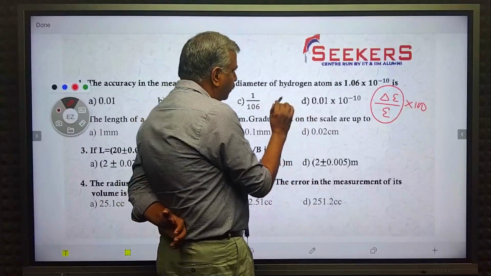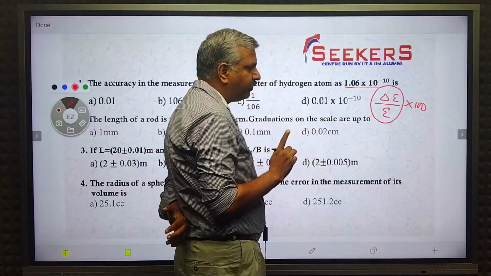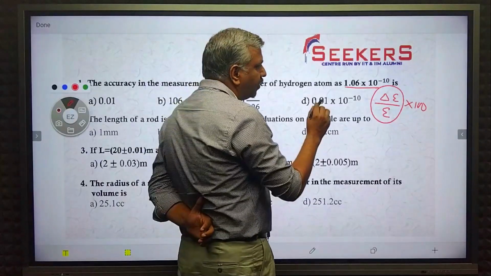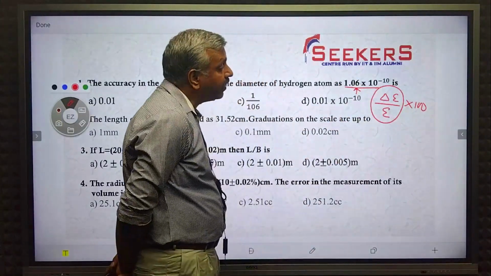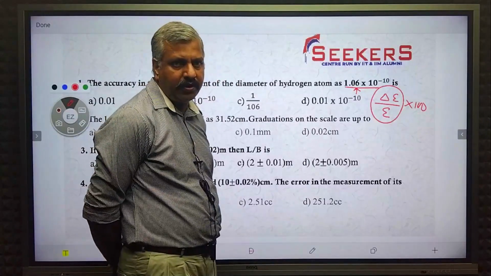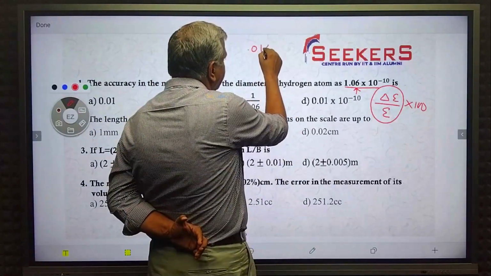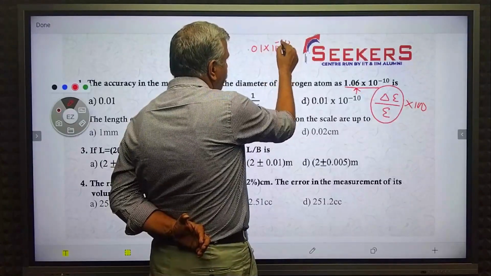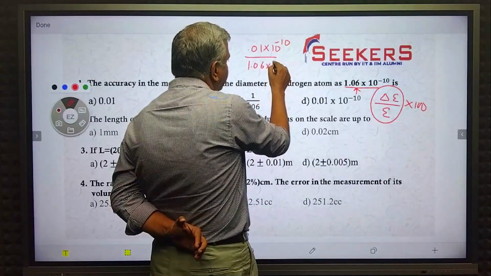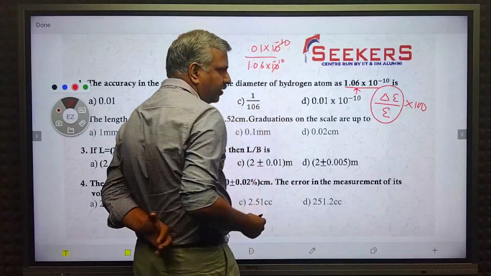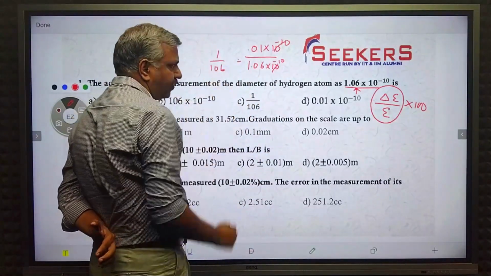Now here you are given 1.06 into 10 power minus 10. So remember, whenever any measurement is given, the least error will be the error which is there as per this in the second decimal point. So the error in this would be 0.01 into 10 power minus 10. Now when you divide it by 1.06 into 10 power minus 10, these two get cancelled and I can simplify this as 1 divided by 106.